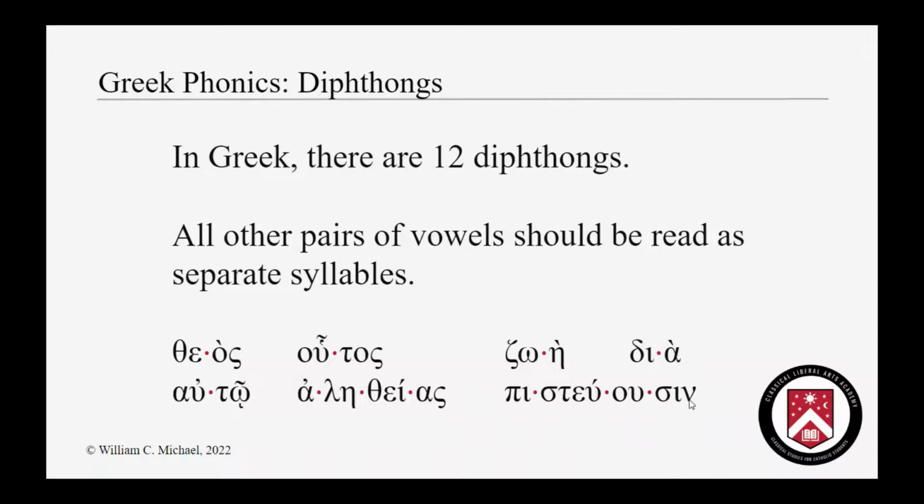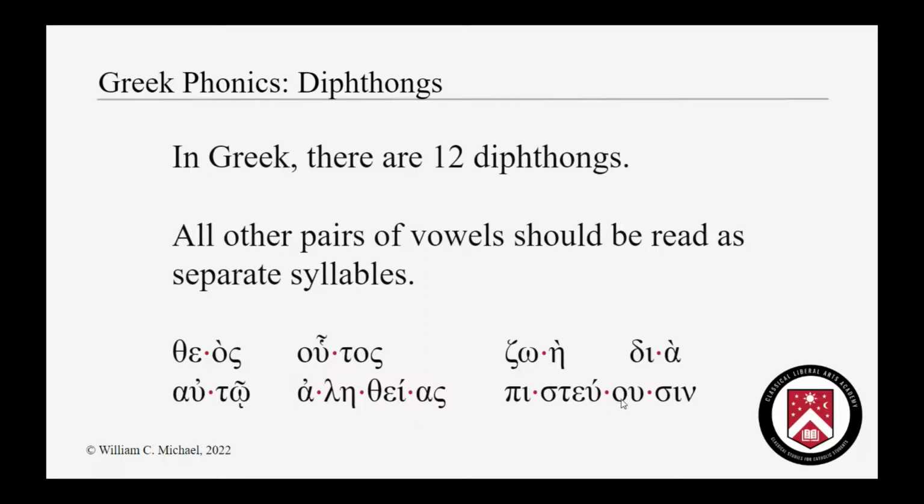sigma, iota, nu. Here we see that we have four vowels in a row, all together in the Greek word. Epsilon, upsilon, omicron, upsilon. Epsilon, upsilon, however, form a diphthong, so they're kept together and treated as a single vowel sound.